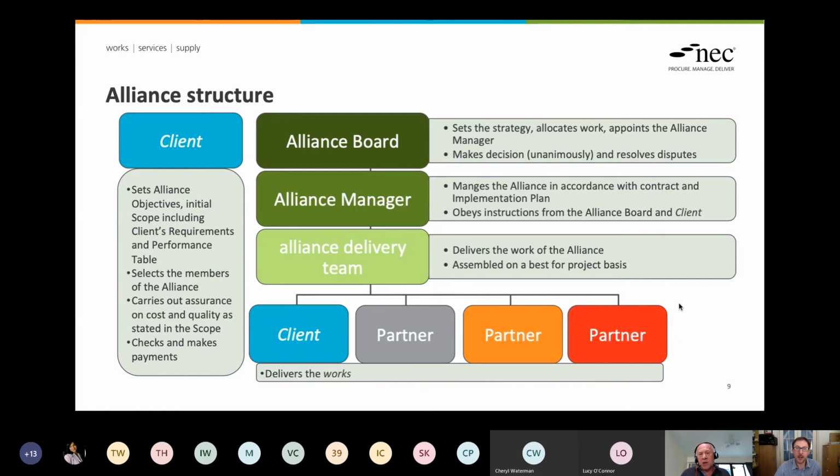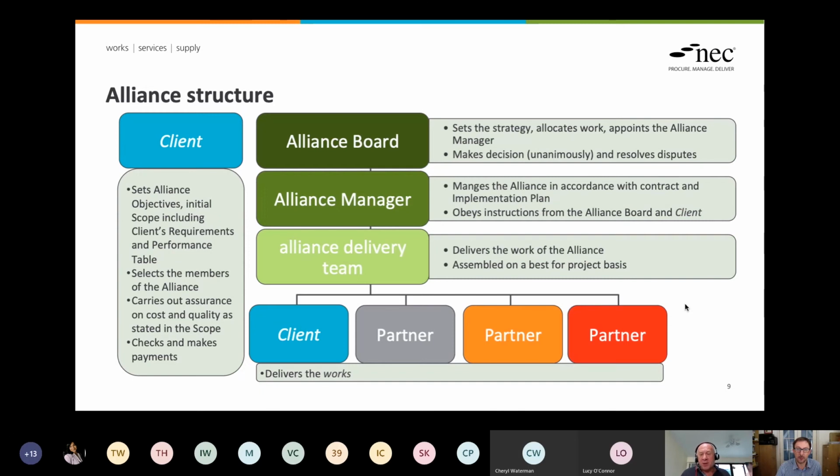And it's true to say about the alliance board, Rob, that they're all equal members, aren't they? Nobody has any sort of chair role necessarily. They all have an equal vote, and there's no head of the board, if you like. Which is interesting, isn't it? Maybe you want to rotate that. On a longer alliance, maybe you get a 6-month stint or something like that.